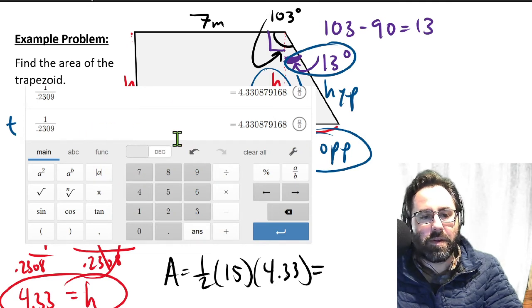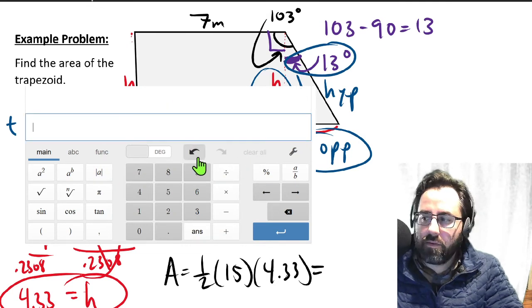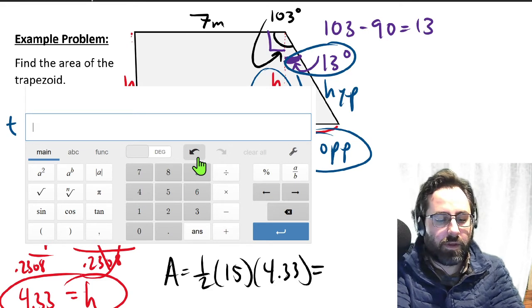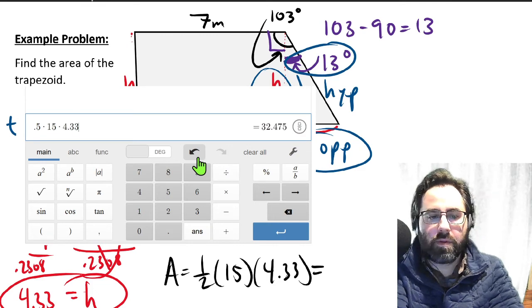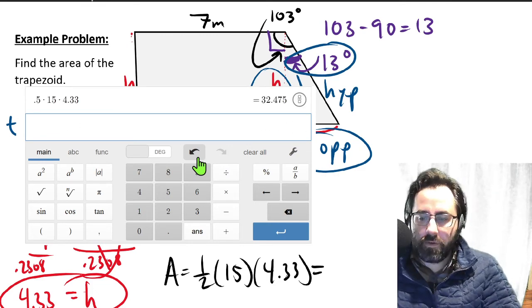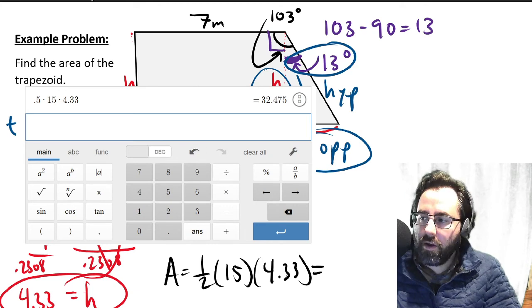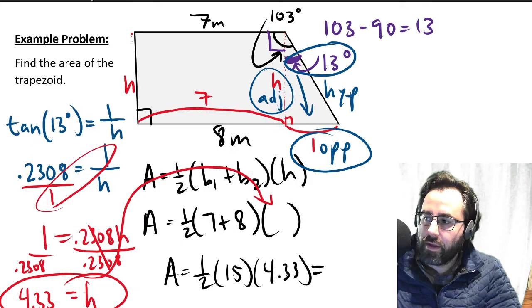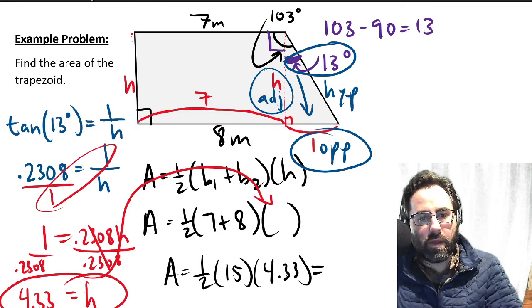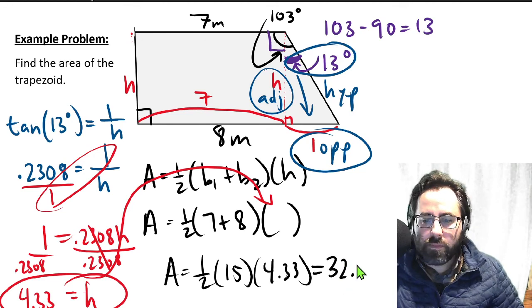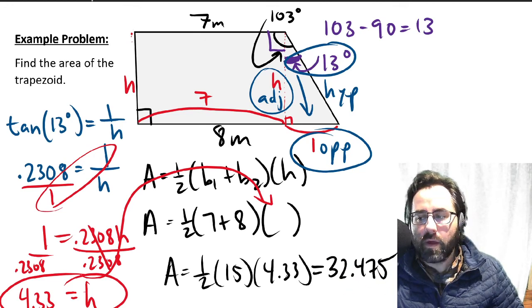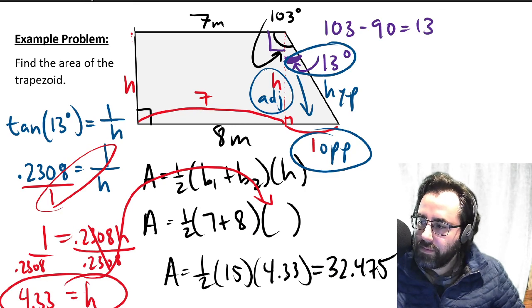Here we go. What do we got? I'm going to do 0.5 for 1/2 times 15 times 4.33, which is 32.475. And that is the area of this trapezoid. I hope this helps you. Good luck.